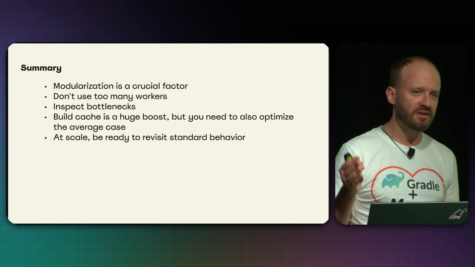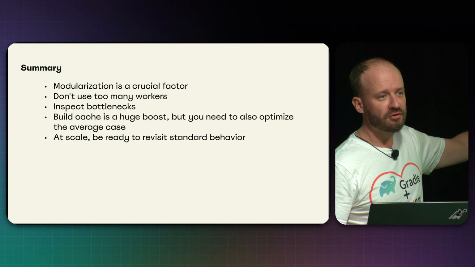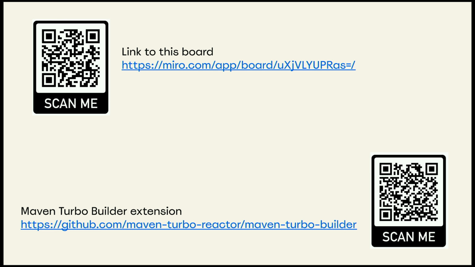It's a huge major boost, but don't just rely on it. As mentioned, it should be complementary. And if you're working at a large scale, if you have hundreds of modules, maybe thousands of modules, be ready to revisit standard behavior. I think this is normal, especially if you want to stay on Maven instead of changing the build tool. Feel free to try the Maven Turbo Builder.